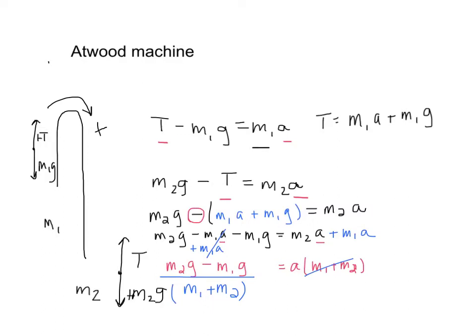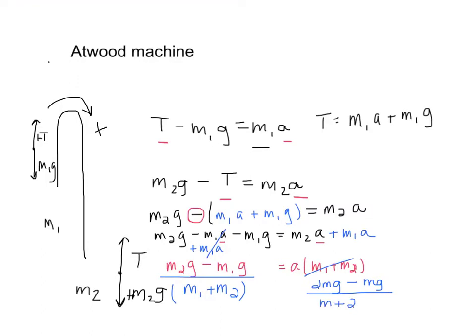Now, this equation is general for all Atwood machines when you have two objects. Because I didn't represent them as 2m or m, now I can actually go back and say that mass 2 was actually 2m. Mass 1 was just m.